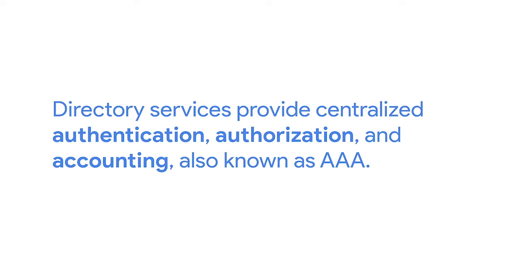Remember in earlier lessons when you created accounts and gave them access to resources on your computer? Imagine that you work for an organization that has dozens, hundreds, or even thousands of computers and people who use them. You can't possibly go into each of those computers to set them up. Directory Services provides centralized authentication, authorization, and accounting, also known as AAA.